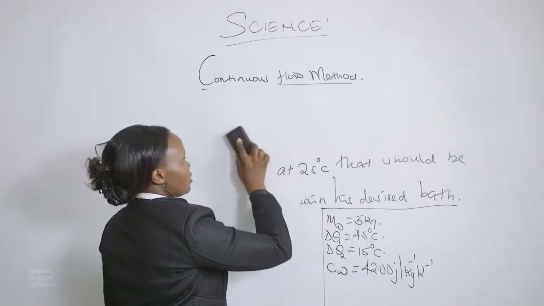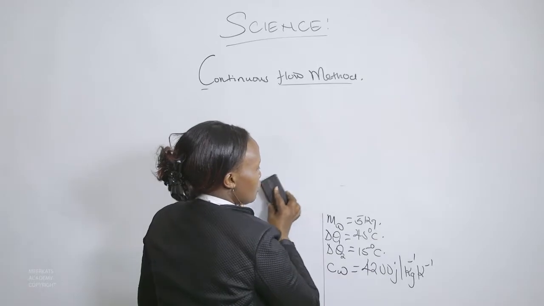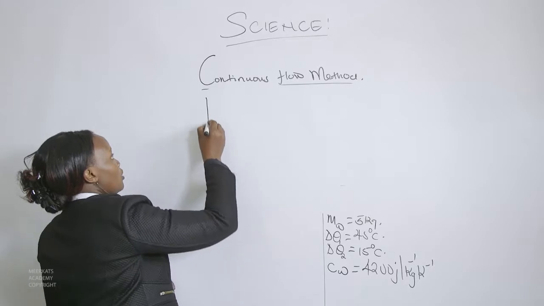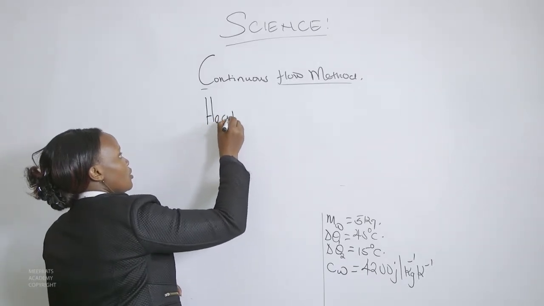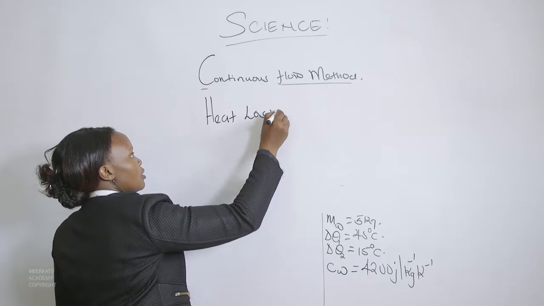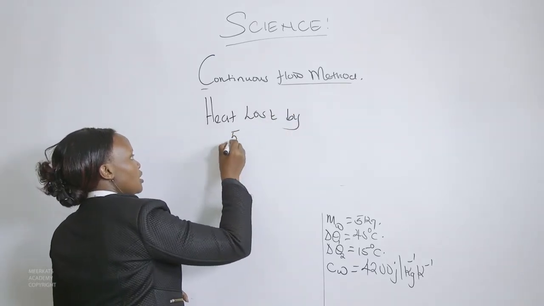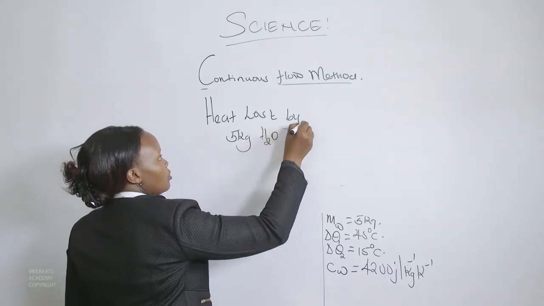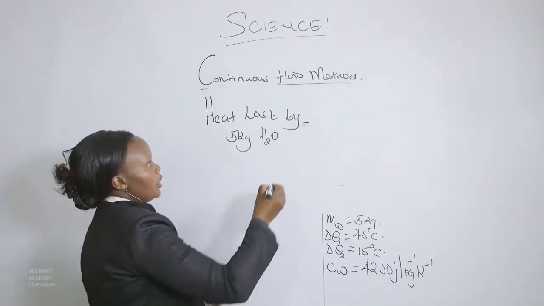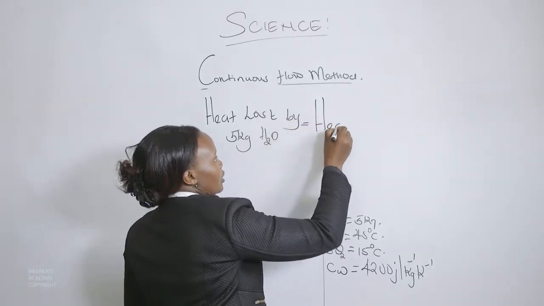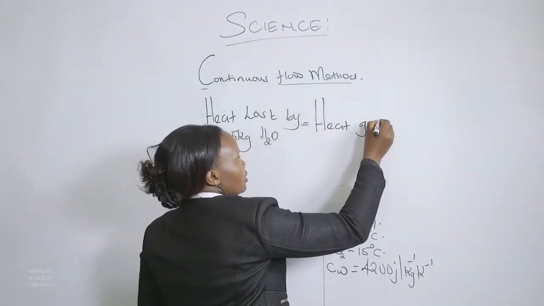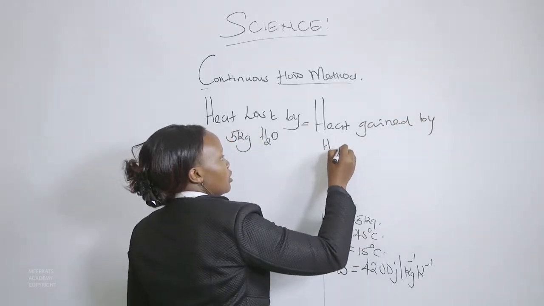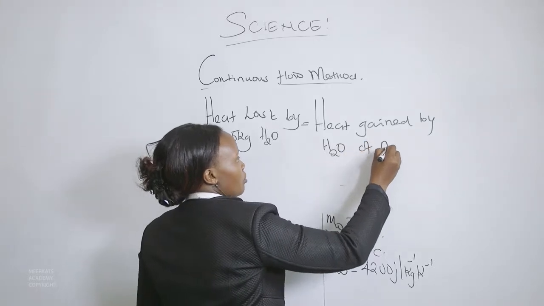Now, let us get that mass of water that we require. What we will realize is that heat lost by 5 kgs of water should be equal to the heat gained by water of mass m.